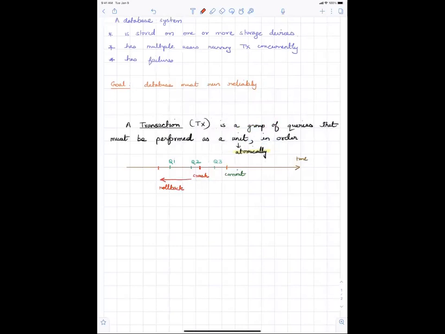So that's the whole idea of atomic: it's an all or none situation. All means it's a commit, and none means it's a rollback.